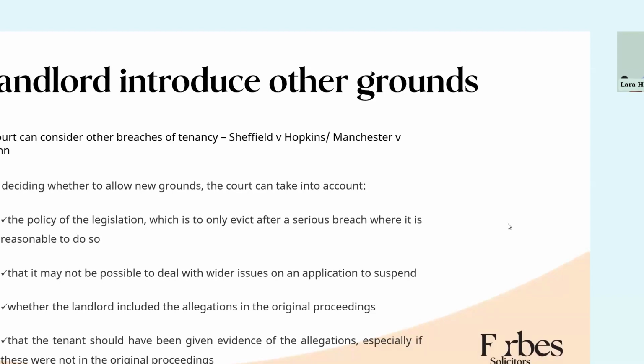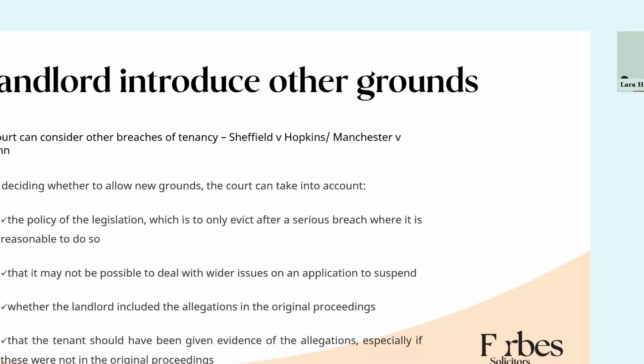So the court does have the power to consider breaches of tenancy other than those relating to the grounds in the original possession claim. So, for example, if you've obtained a possession order solely on rent grounds, the court does have the power to consider additional antisocial behaviour at a hearing for an application to suspend.